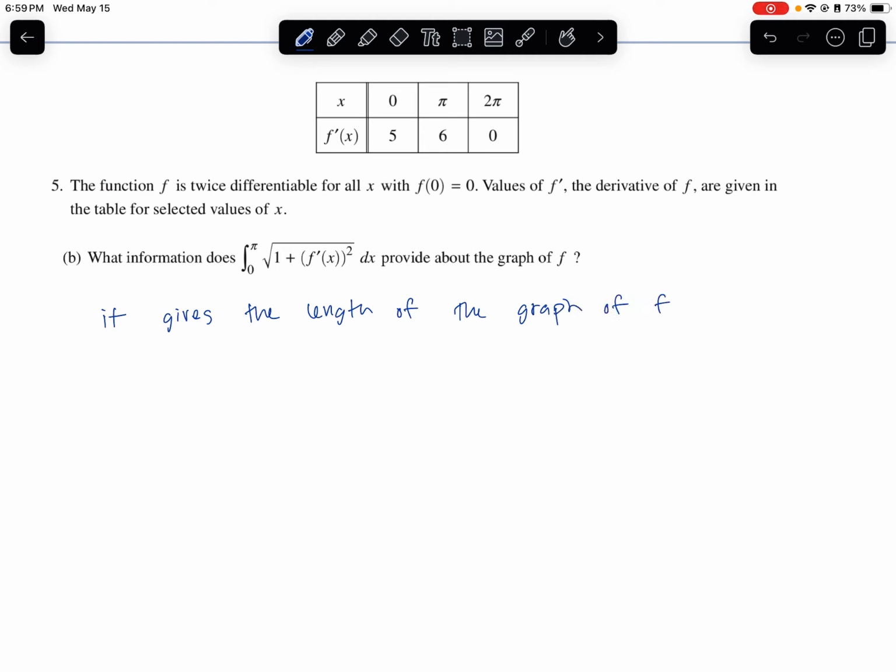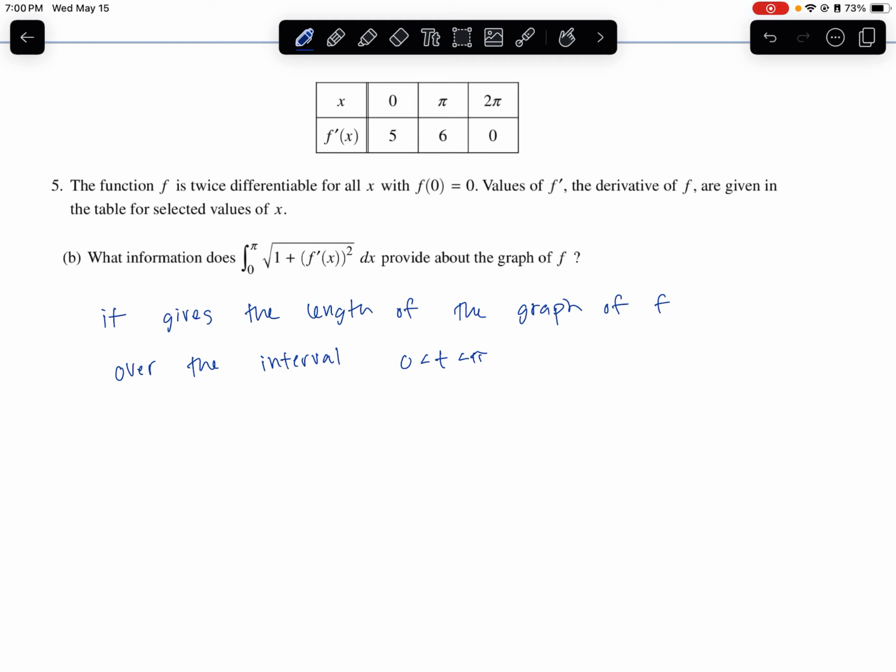Make sure you state the interval. So it gives the length of the graph of f over the interval from 0 to pi. I think it's very important that you put that there.